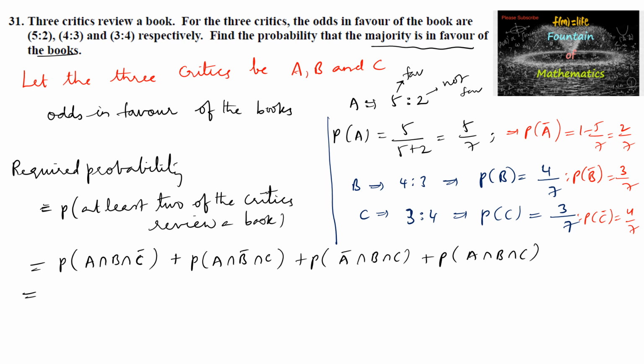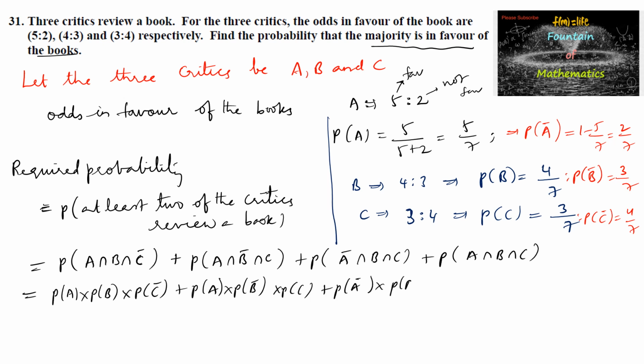So we can say probability of A into probability of B into probability of C bar plus probability of A into probability of B bar into probability of C plus probability of A bar into probability of B into probability of C plus probability of A into probability of B into probability of C.